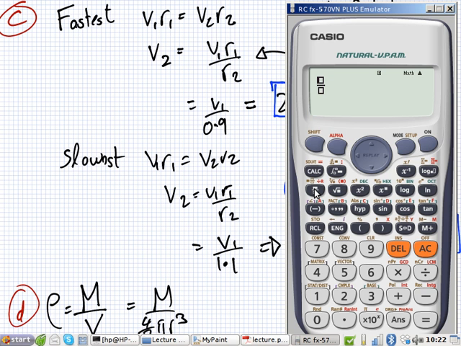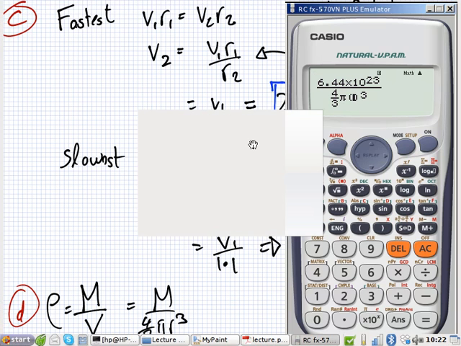What did we say the mass of Mars was? 6.44 times 10 to the 23. Over 4 over 3 pi r cubed, and the radius of the planet Mars is given in the question.